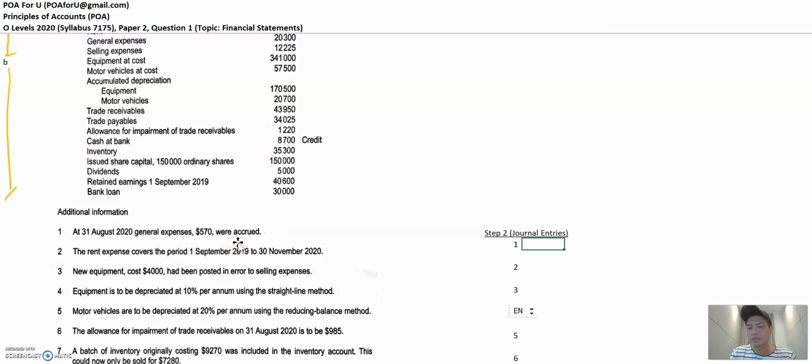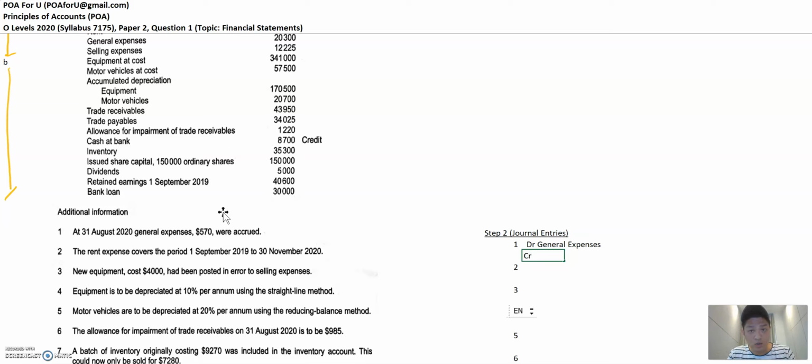So out of this 20,300 that you have recorded in your trial balance, the additional information is they've accrued an additional 570. When you accrue an additional 570, the accrual double entry is that your expenses will go up because you are recognizing additional expenses. Debit general expenses, and credit accruals, these are liabilities.